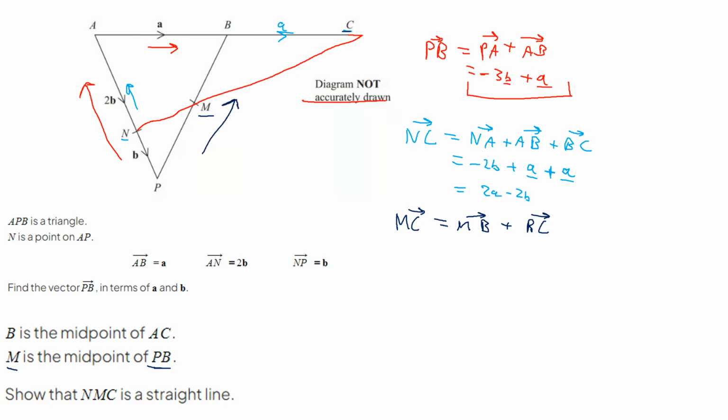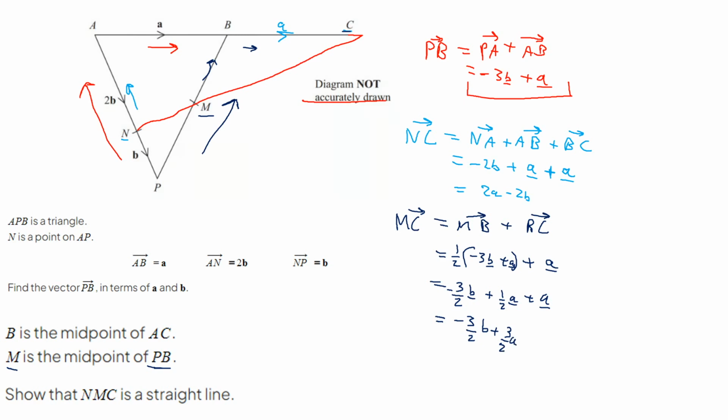PB goes that way. We need to go that way and that way. So this is just going to be a half times minus 3b plus a, and we're adding a on the end. Then when we expand the brackets, we get 3 over 2 negative b plus a half a plus a, and we're left with an answer of minus 3 over 2 b plus 3 over 2 a.